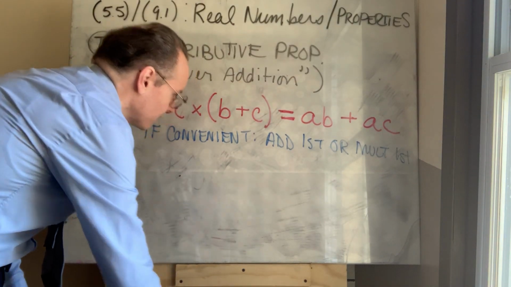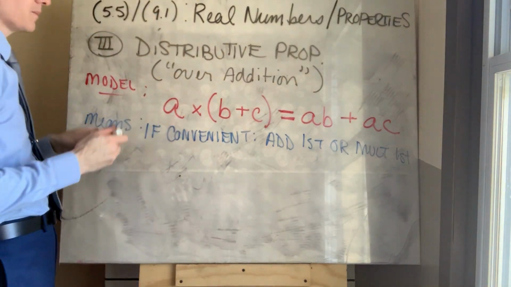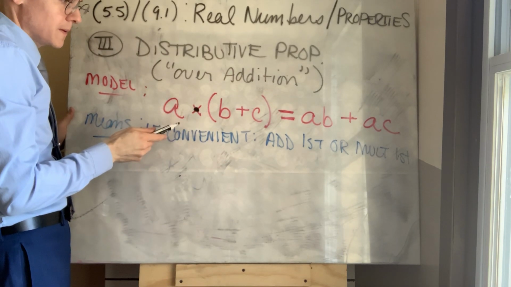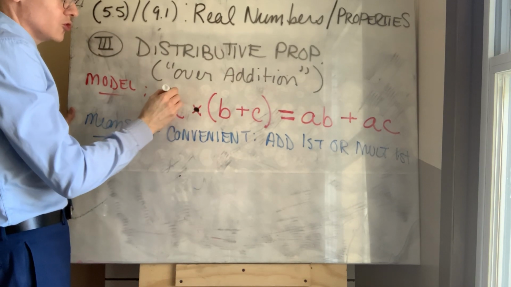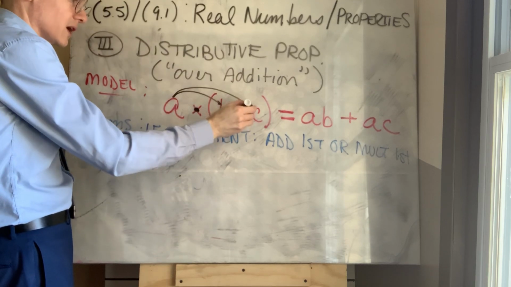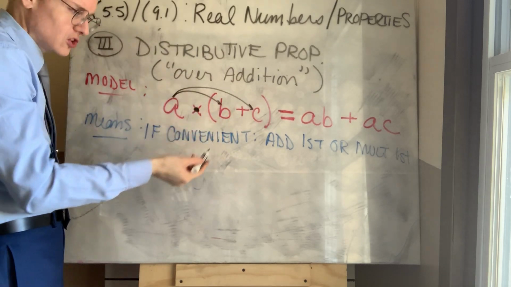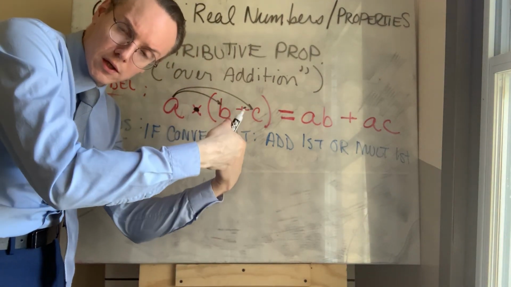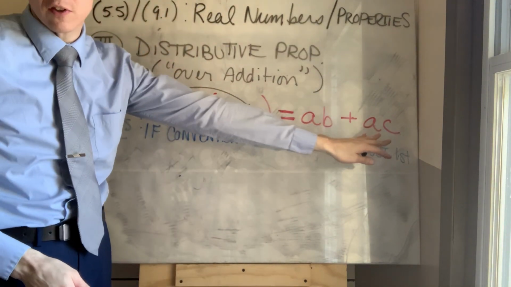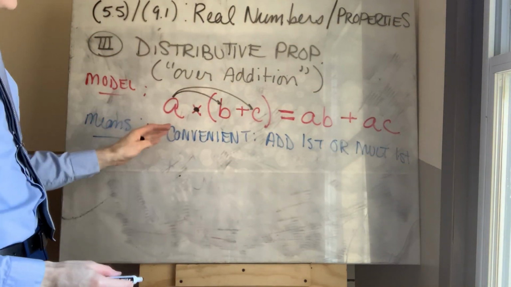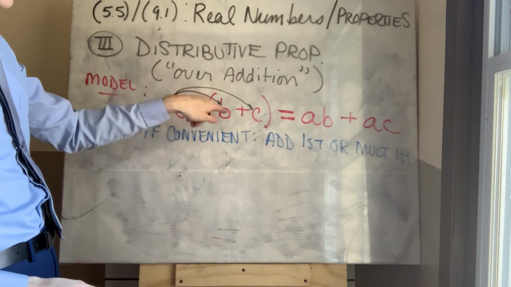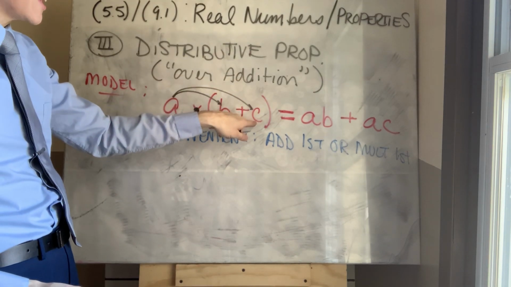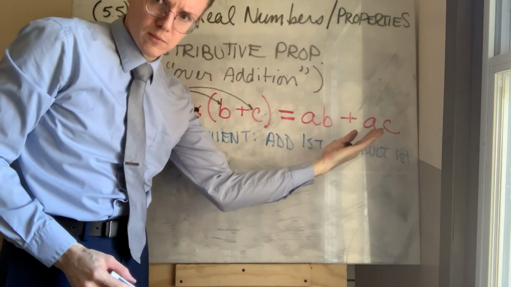If you have some content sitting on the outside of the parentheses here, you could distribute it to each of the contents. I like to draw these sort of arcs. There's sort of a visual cue to go, okay, these things are going to be united somehow. The result is on the opposite side here. You could do the content on the outside times the first on the inside, and then the content on the outside times the second on the inside, and you would end up with these two things.